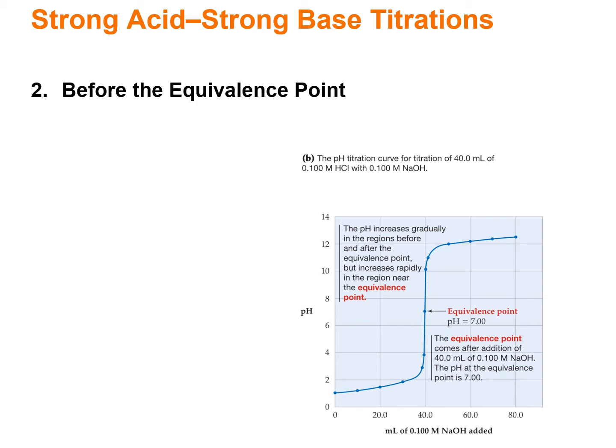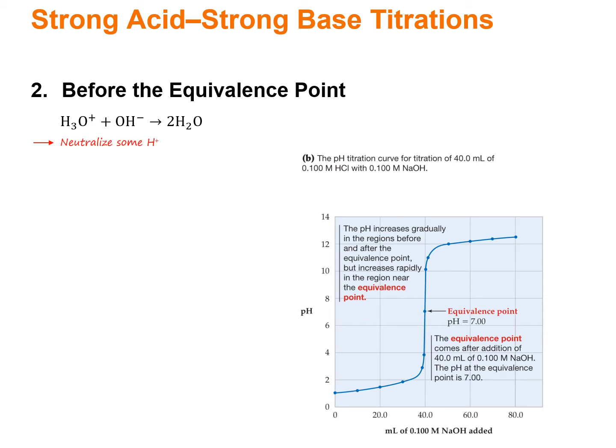So the next point we're going to look at is before the equivalence point. You notice the equivalence point is after we added 40 milliliters of sodium hydroxide, as indicated by the graph there. So anytime before that, we're figuring out what the pH of our solution is. The way we're going to do that is we have to recognize that the net ionic equation for the reaction is hydronium ion with hydroxide to yield water.